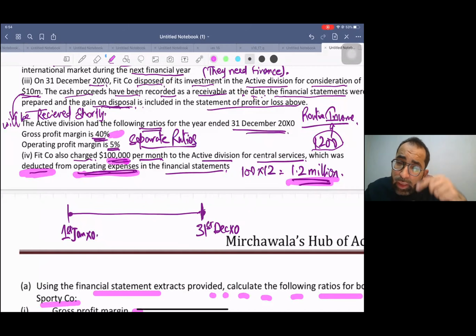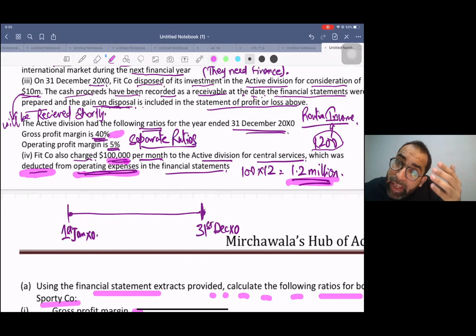So that means for sure the remaining divisions of Fit company are not good. And in future, when the Active division will no more be part of us, there will be a big decline, because right now with the Active division results we are already at 24%.